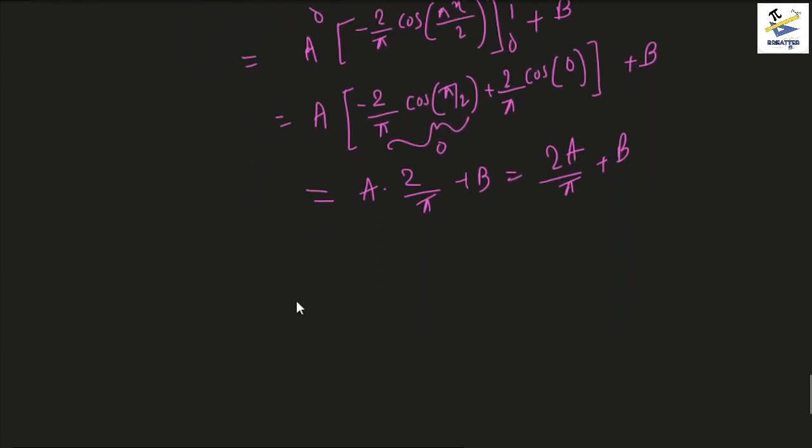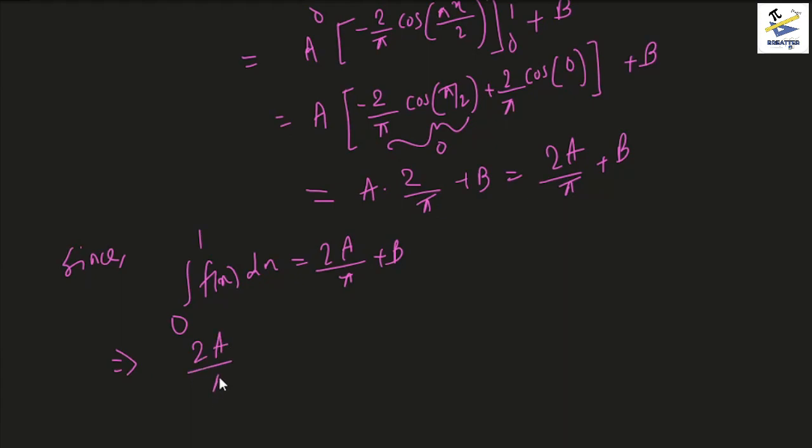But we are given that the integral from 0 to 1 of f(x) dx is 2a by pi, so 2a by pi plus b equals 2a by pi. Cancelling this off, we get b equals 0, which is the answer.